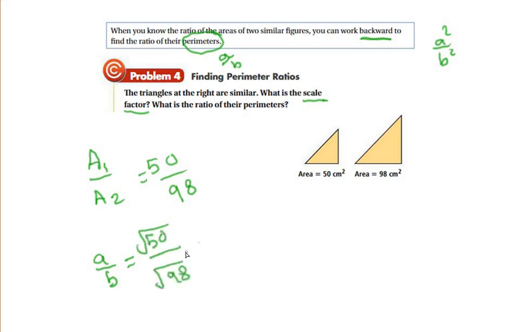Before we take the square root, actually, it's easier to simplify the numbers as they are both even numbers. Let's simplify them first. This is 25 over 49 if we divide them both by 2. Now, to find a over b, we find the square root. This is 5 over 7. This is the scale factor, and it is also the ratio of their perimeters.